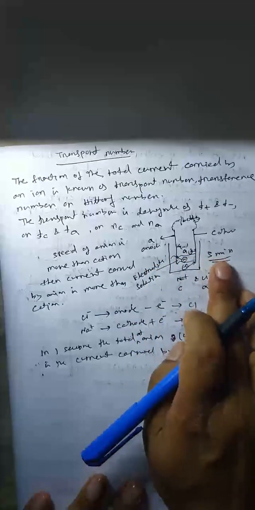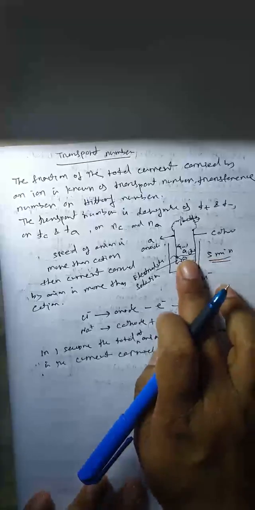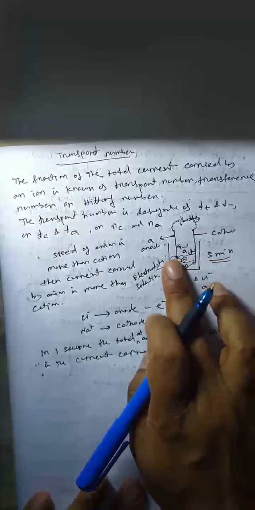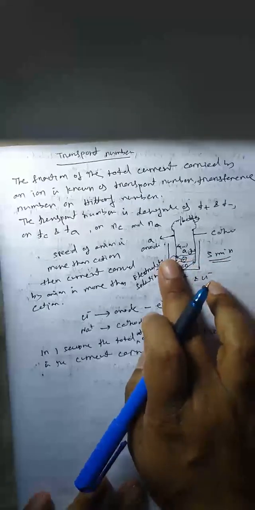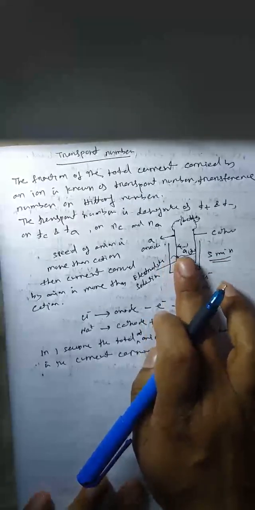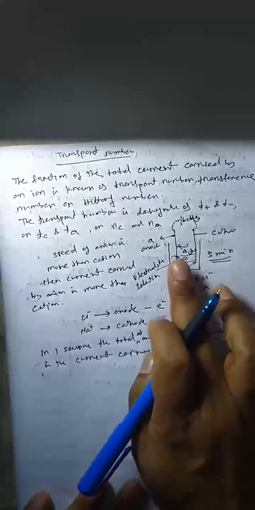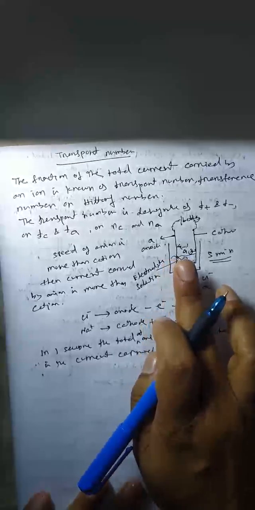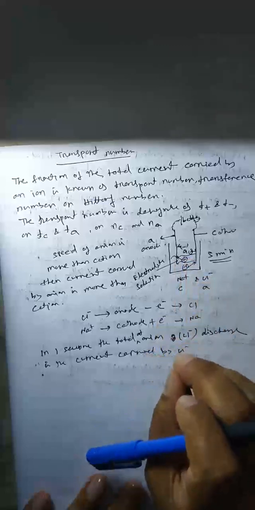Suppose in 5 minutes 500 anions, in this case chlorine, move towards the anode and get discharged. The fraction of the current carried by these 500 anions is called the transport number of the anion.